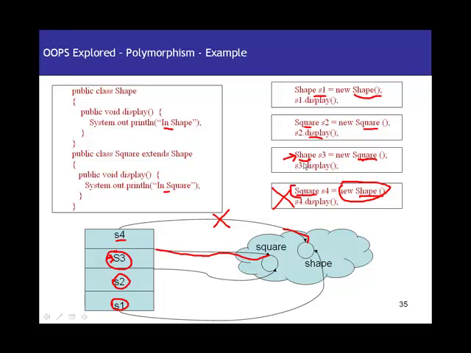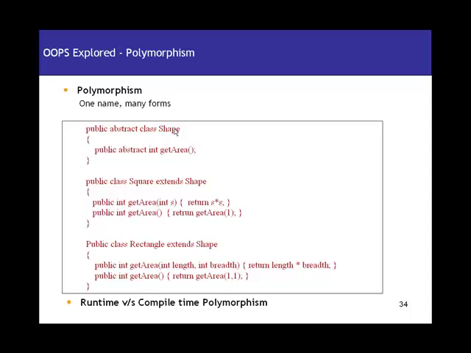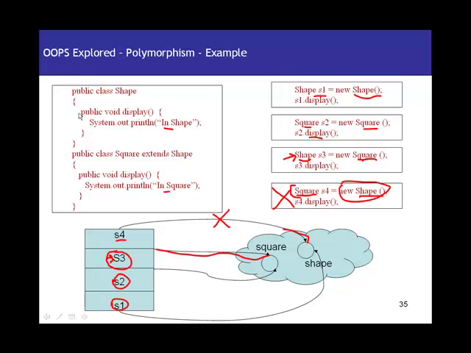So when you say shape s3 is equal to new square, let's say for example this display method was not there in the shape class, and was only present in the square class. What would have happened? We know that at runtime it's going to call the display method of the square class, right? So I still have the display method in the square class. Is it going to compile and still display in square? No, it wouldn't. Why?